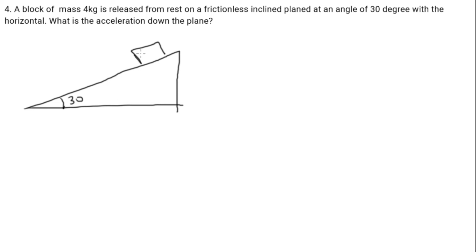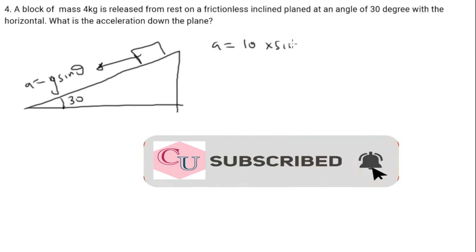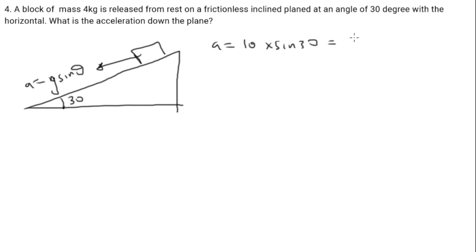Of course the acceleration down the inclined plane, as we have already proved, is equal to g sine theta. So that's 10 multiplied by the sine of 30 degrees, which is a half, that's 5 meters per second squared.